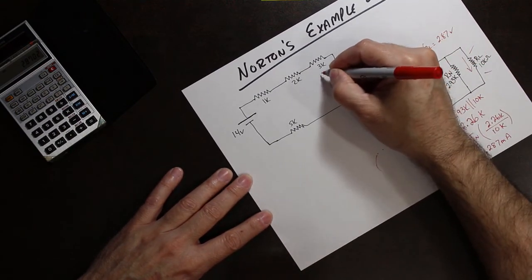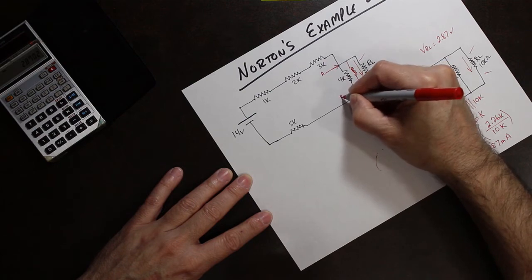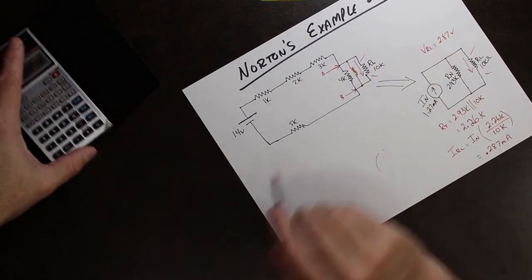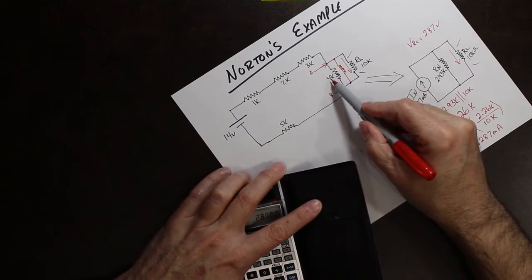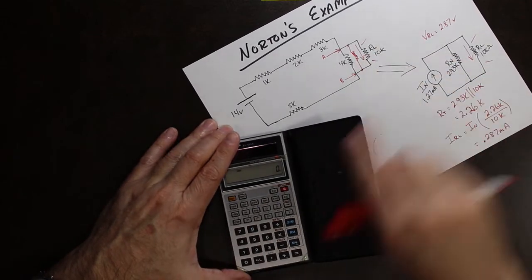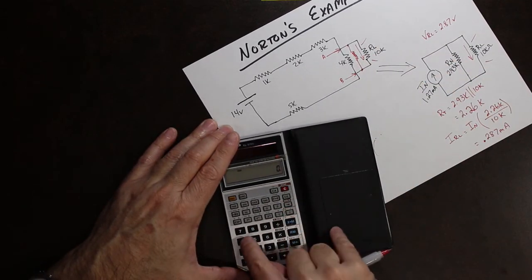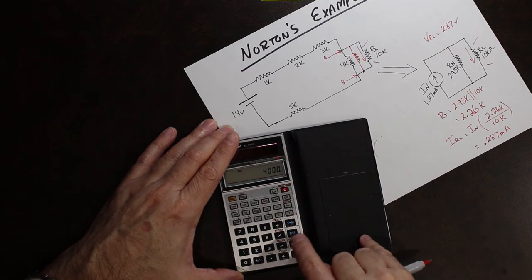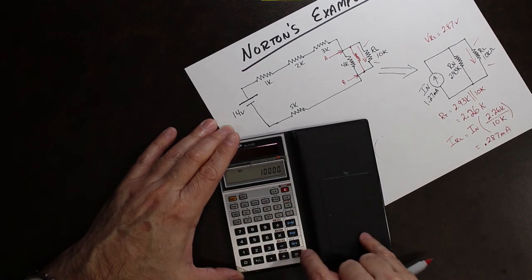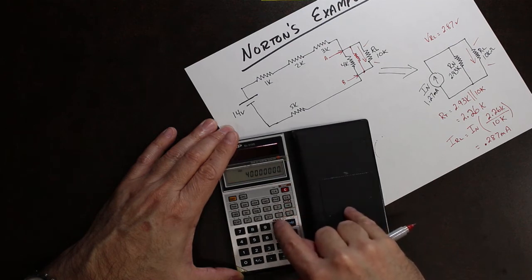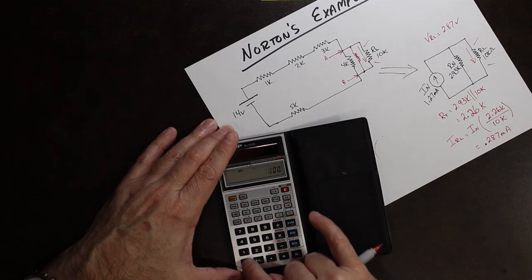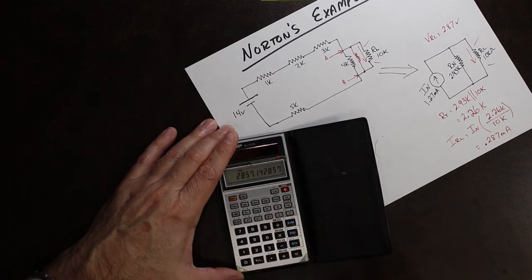Then we could use the voltage divider. So let's just say that this is A and B and we're trying to find that voltage from A to B. The easy thing to do is to figure out what 4K and 10K are in parallel and replace it with one little resistor there. So we got 4K times 10K, divided by 4K plus 10K, equals.